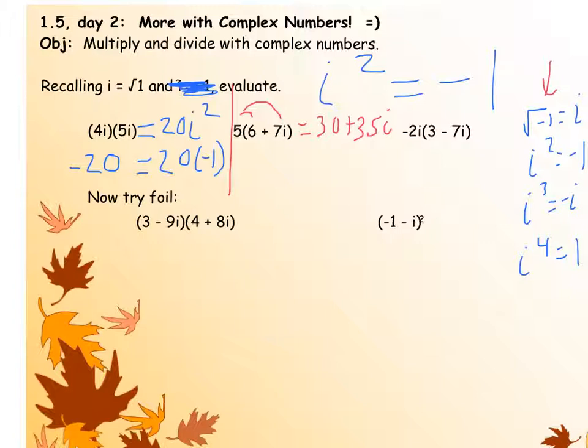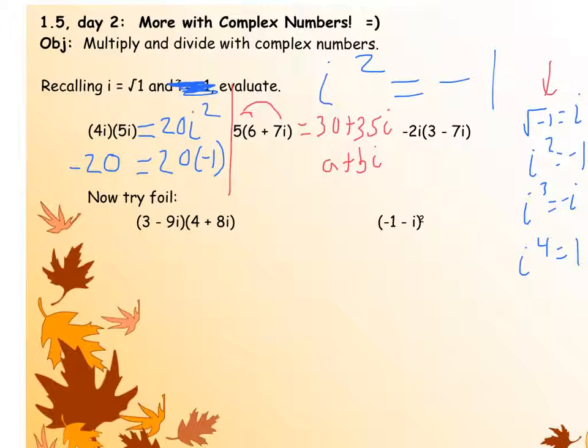Okay, because you remember, hopefully if you saw it either on the video or in class, that we're totally okay with complex numbers being in the form a plus bi. As far as a final answer, that form is typically acceptable to use.